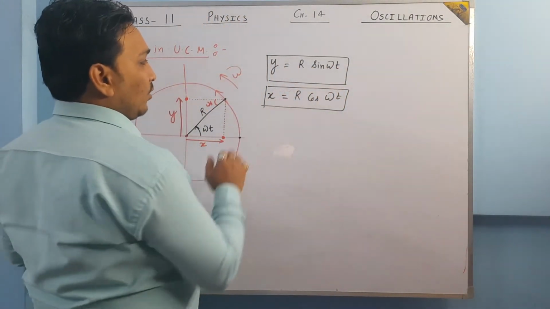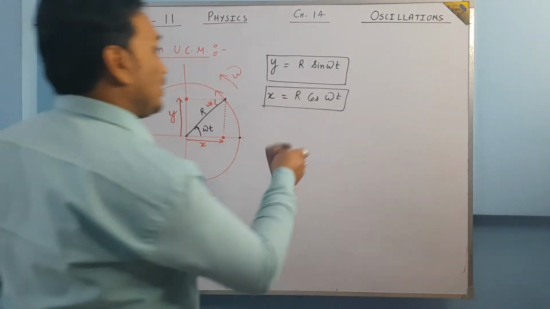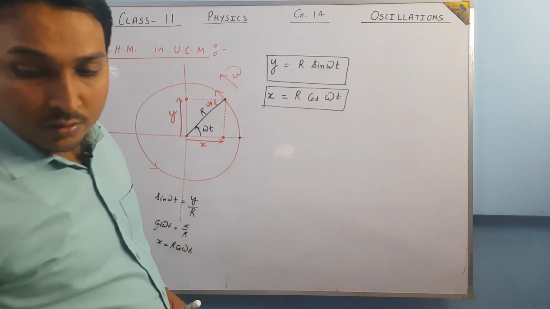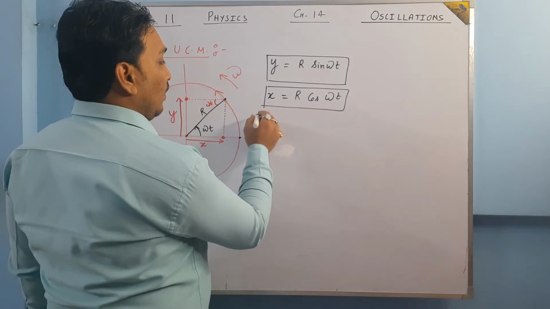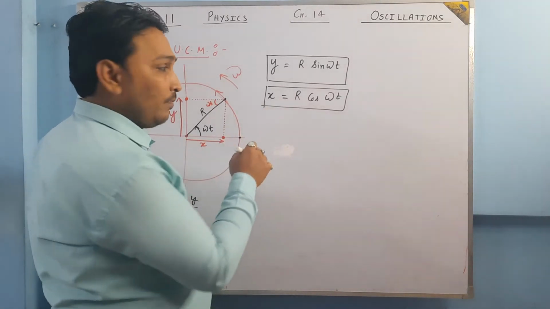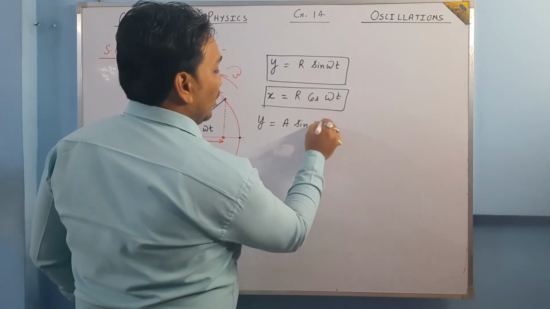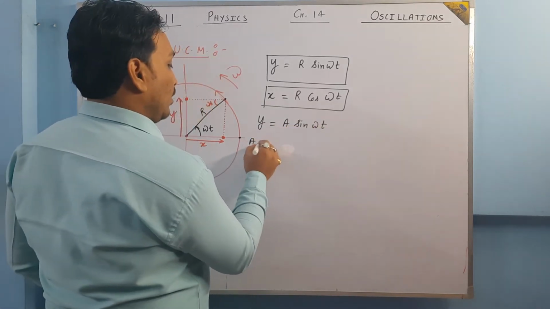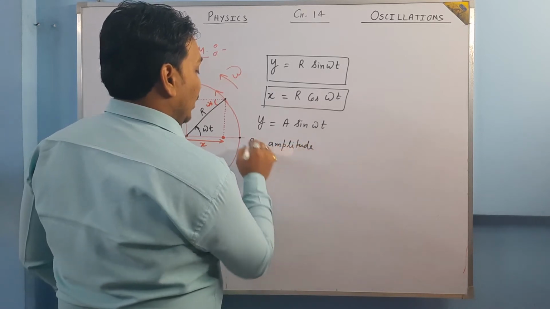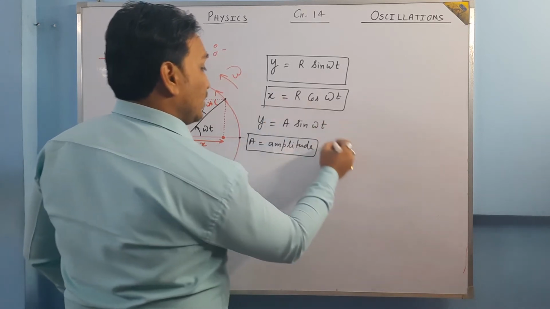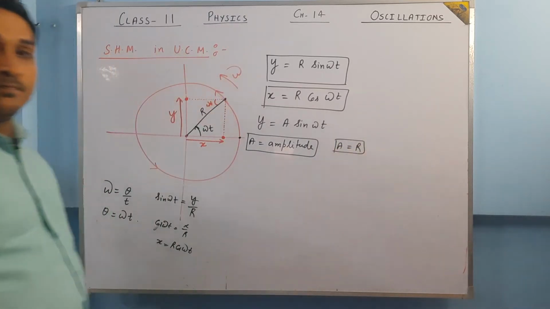This is displacement, okay, and let us take this capital R as capital A, because A is called amplitude. In the last lecture I have defined that also. So y is equal to capital A sin omega t, because A is amplitude. In this case, that amplitude is equal to the radius, so capital A is equal to R. Is it clear?